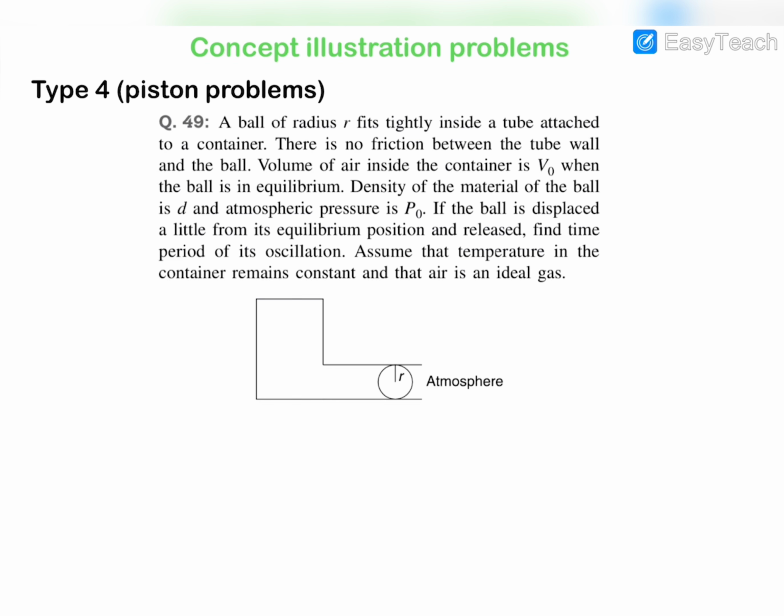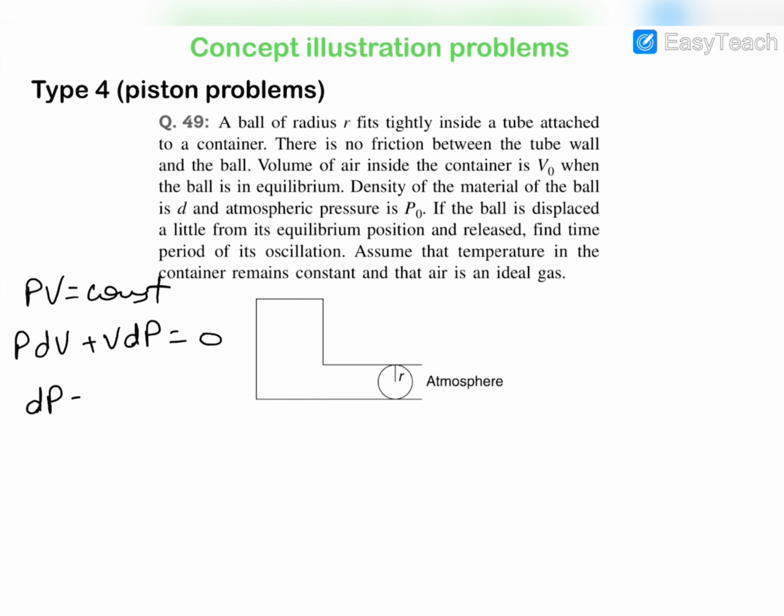Now first of all you can see that this process is an isothermal process because temperature remains constant. So PV is equal to constant, and we can say that P dV plus V dP is 0.